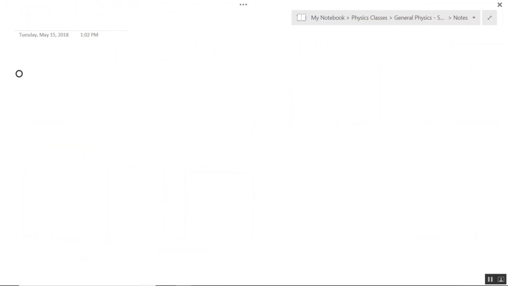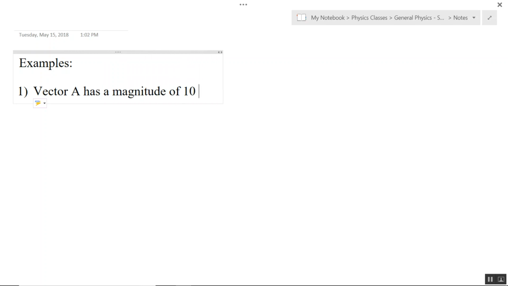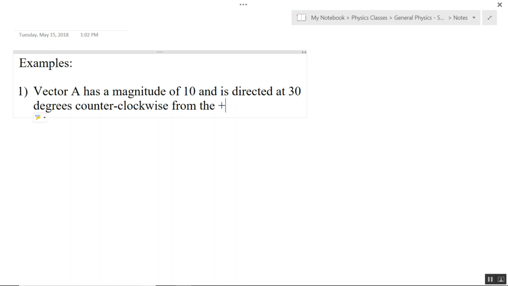All right, so examples. Example one: vector A has a magnitude of 10 and is directed at 30 degrees counterclockwise from the positive x-axis.